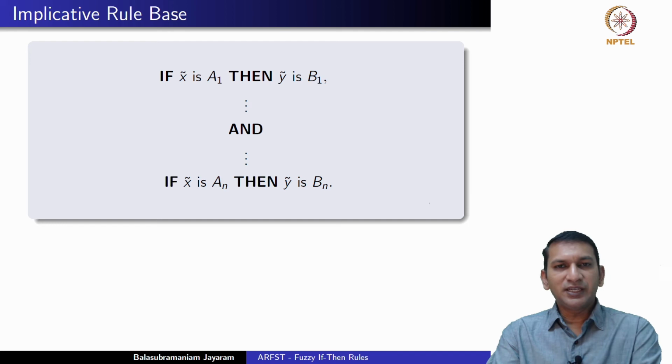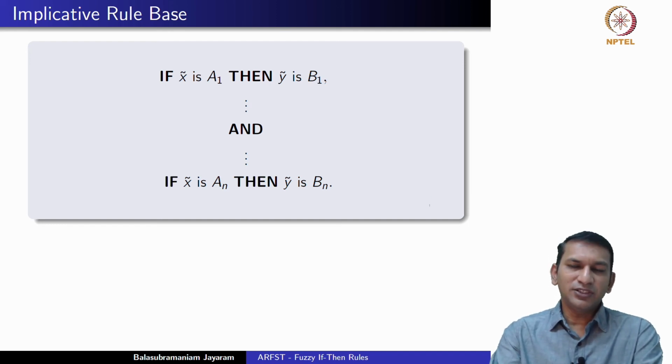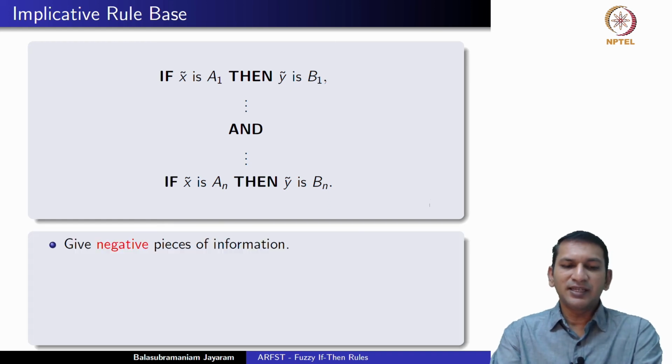In the case of an implicative rule base, each rule is thought of as essentially constraining. That means it is giving us negative information. If X is A1, then Y necessarily has to be in B1. Much like if it is differentiable, it is continuous. If it is not continuous, it cannot be differentiable. So essentially it constrains the consequent based on the antecedent.